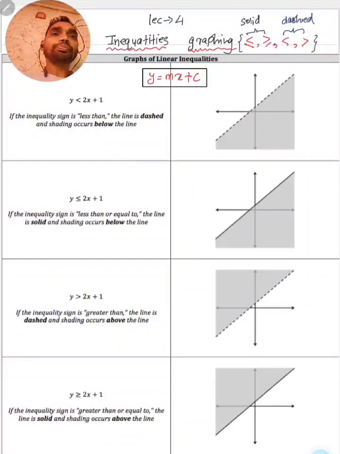Suppose the expression is given: y is less than 2x plus 1. There is one very important point, and if you keep it ready, the question becomes very easy. Always keep y as a positive coefficient.